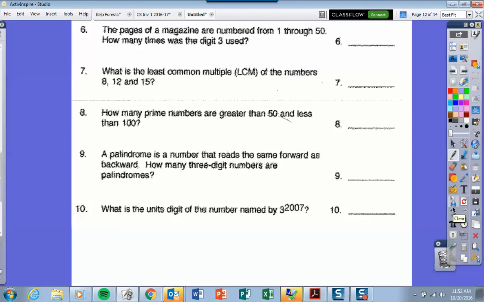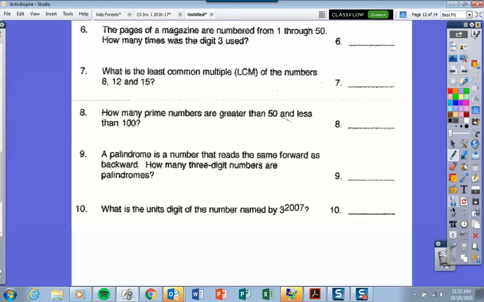Number 8, how many prime numbers are greater than 50 and less than 100? Remember that prime numbers are numbers that cannot be divisible by anything besides 1 and itself. And so we're going to talk about just divisibility rules.